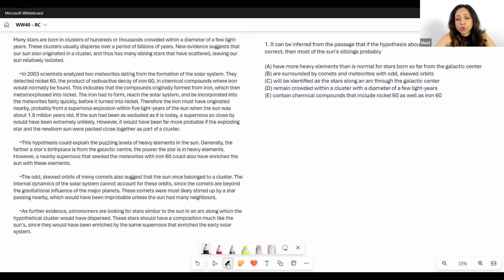Let's look at other options also. Very, very rarely would we mark an RC option as correct without reading all the options. We must check every option, and we must eliminate the other four options as incorrect, and then we should arrive at the answer.